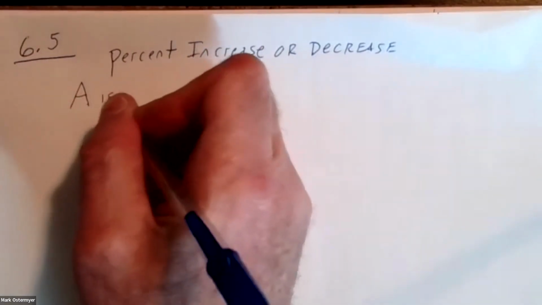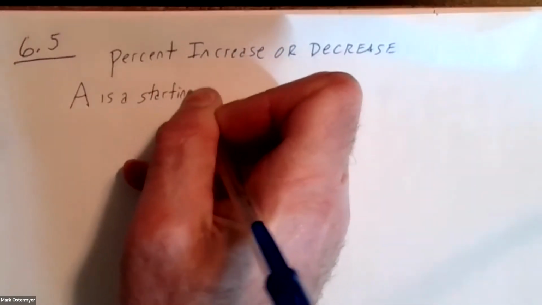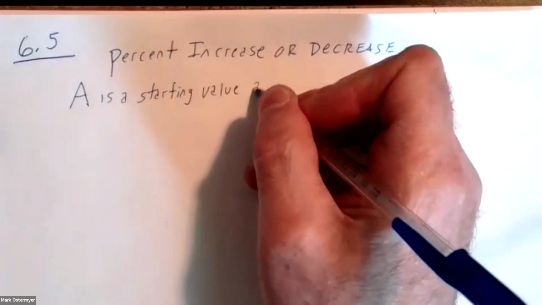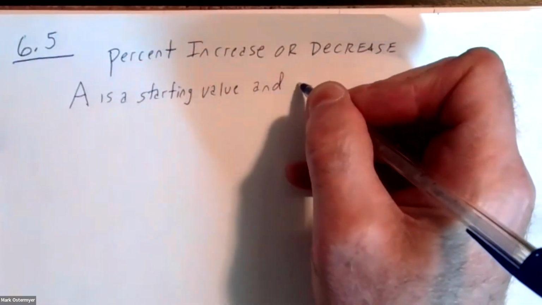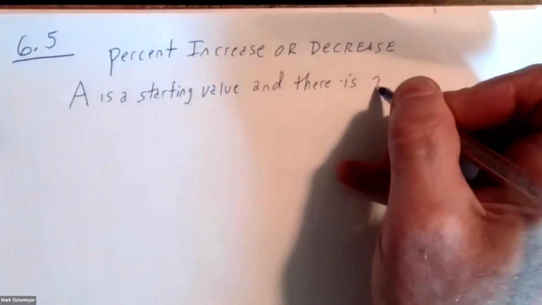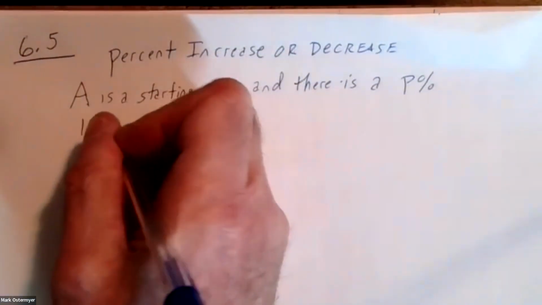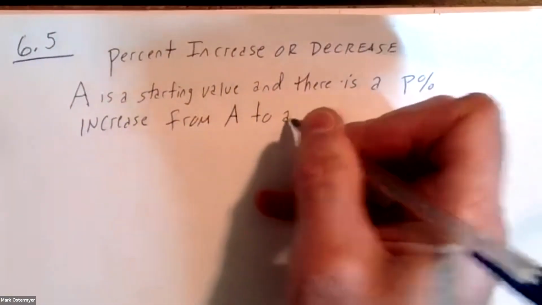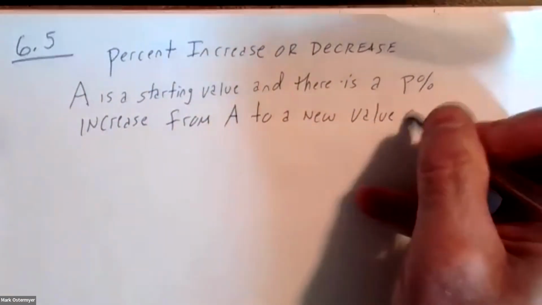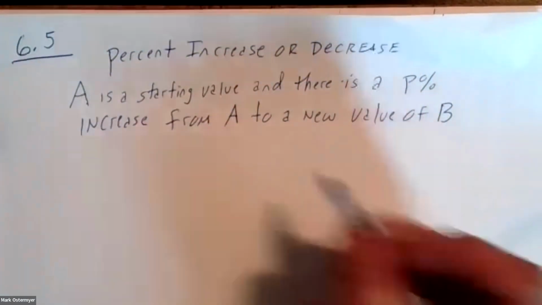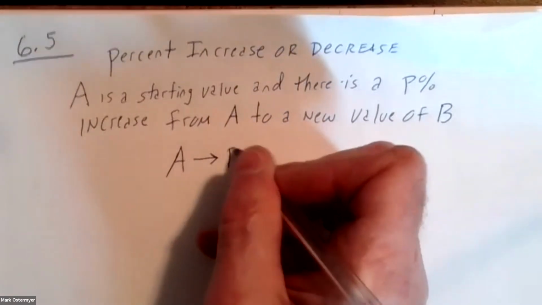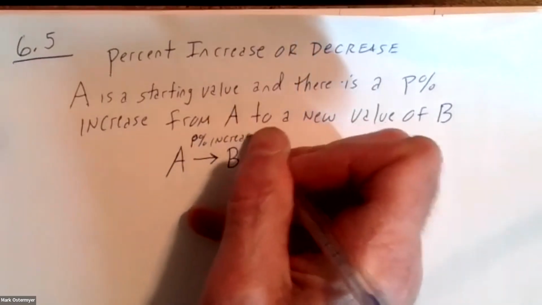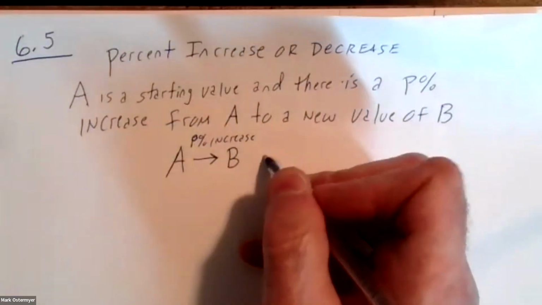If A is a starting value or an initial value of something, and let's say there is a P% increase from our initial value A to a new value of B. So we go from an initial value A to a final value of B, and let's say there is a P% increase in taking us from A to B. Then what we can say is this.